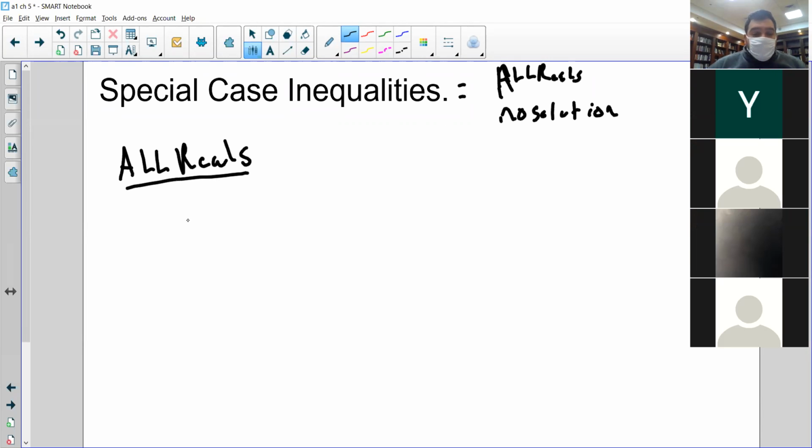So here's an all real situation. 2x is greater than 10, or let's do 3x is less than 21.